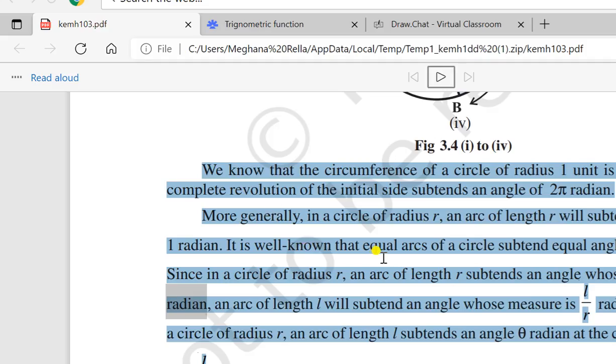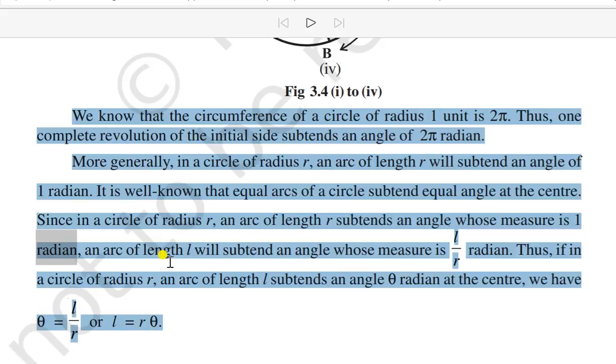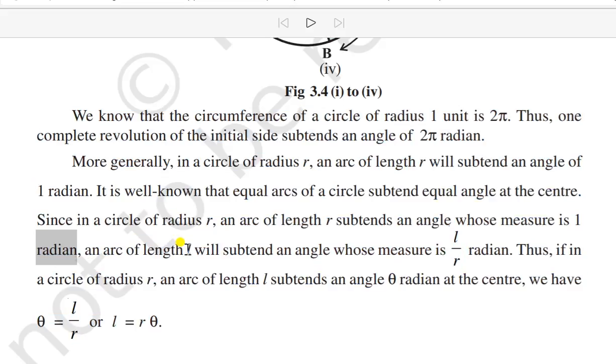So radian is basically when we do arc length divided by radius. So it is L by R. What they're telling is, let's say we have an arc length of L, right?